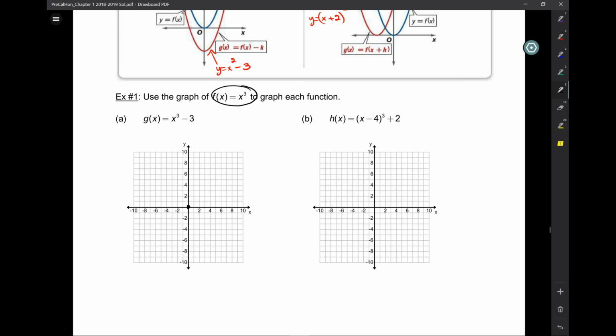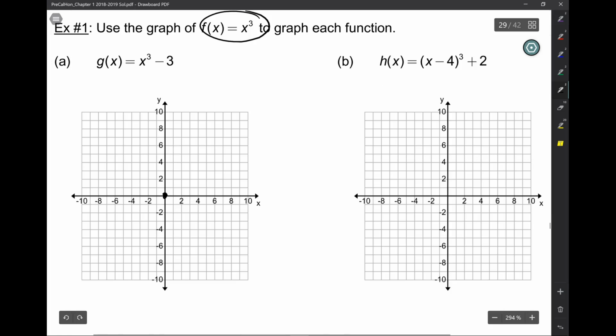Cubes it. So if I go over to the right one space, I go up the cube of 1, which is 1.